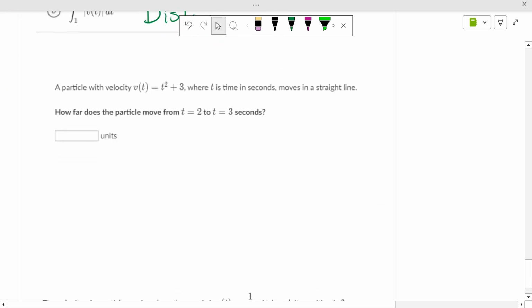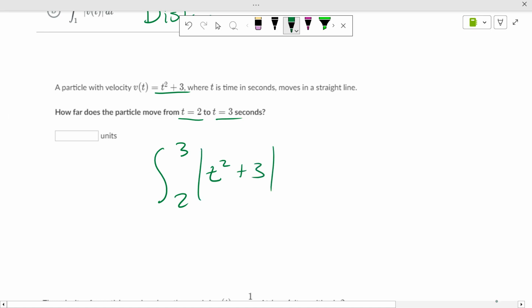So now, without any help, a particle with this position moves in a straight line. How far does a particle move from here to here? How far it moves is its distance. So it's the integral from 2 to 3 of the absolute value of t squared plus 3, dt. Okay?